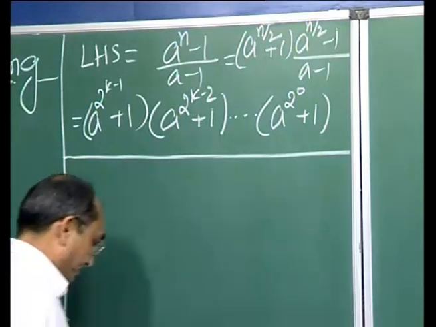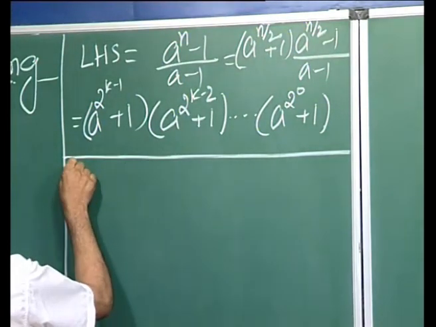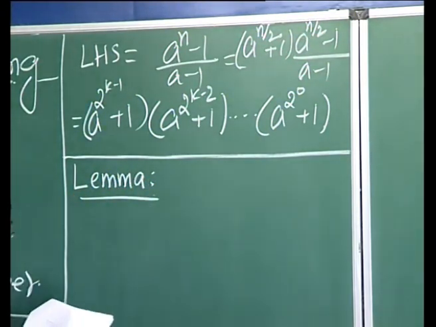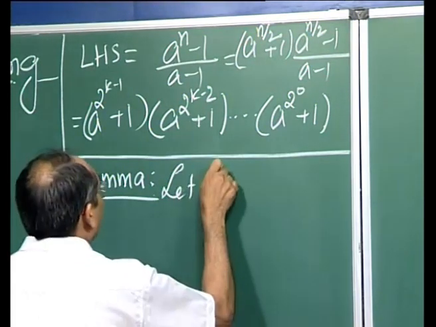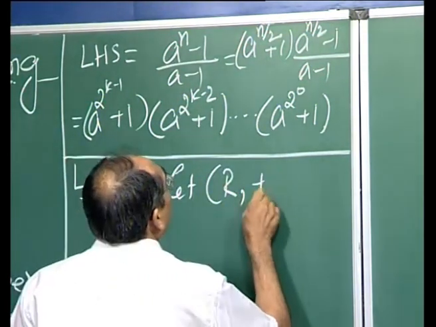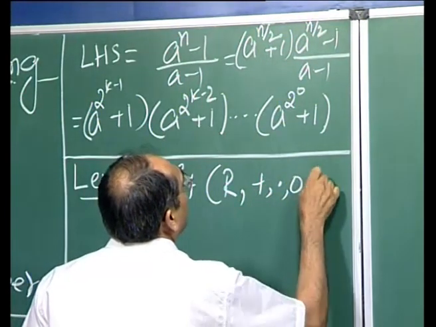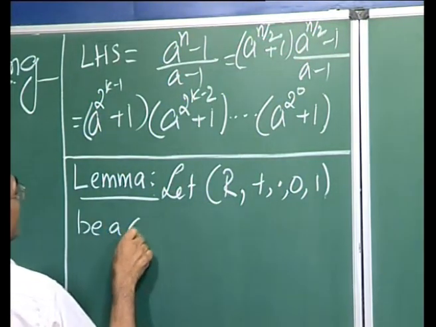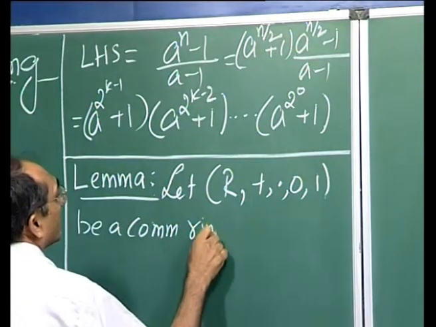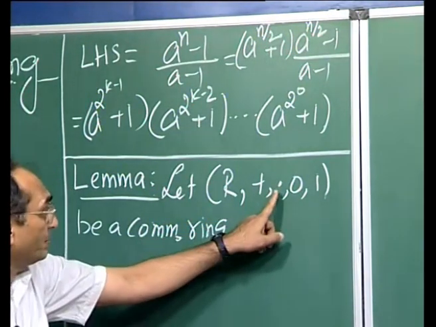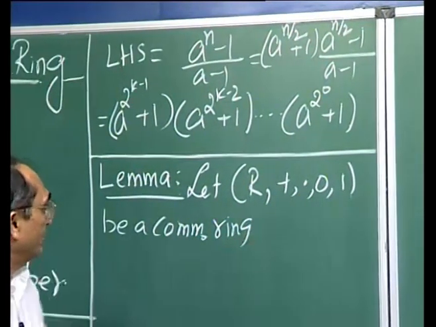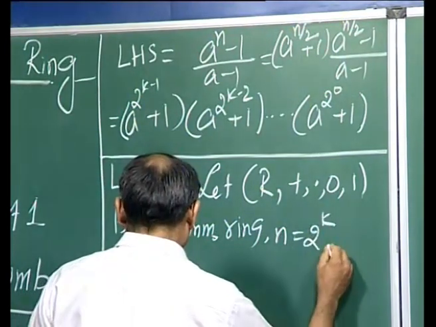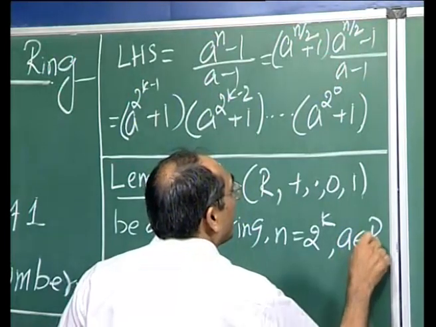The next claim we want to establish says that let R, plus, dot, 0, 1 be a commutative ring. Remember, by commutative I mean the multiplication is commutative: A times B is equal to B times A. n is 2 to the power k, and a is some element of the ring.